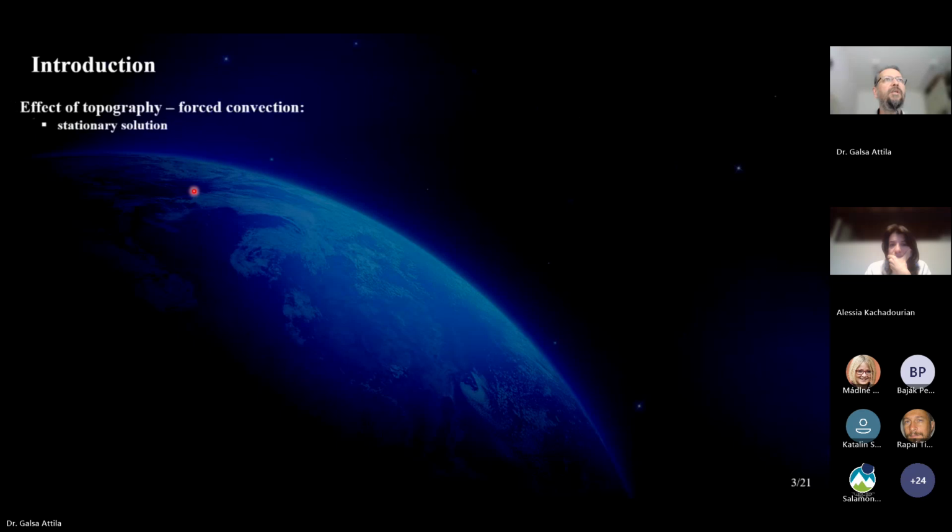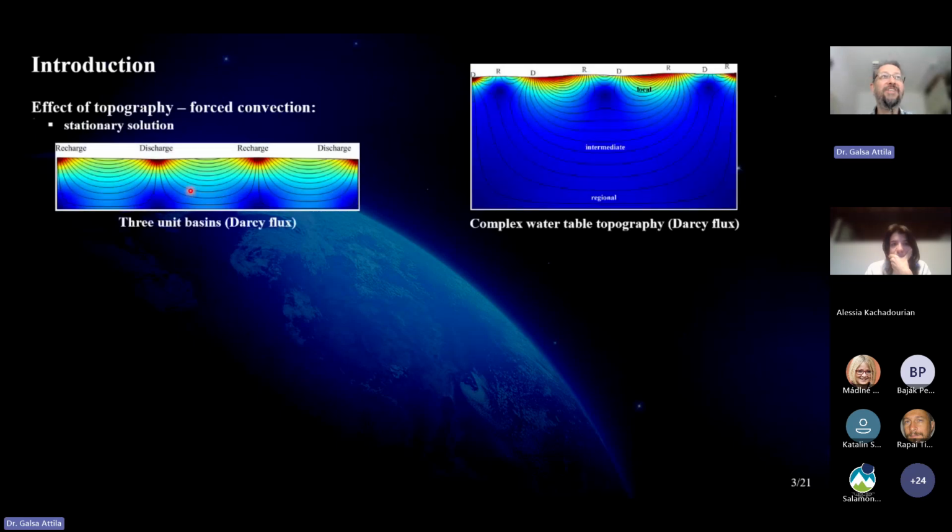So, the evergreen question has come up in numerous scientific discussions. What drives the groundwater flow? Which one is the most dominant force? Some have stated that the topography of the water table governs the groundwater flow, inducing fluid motion from the recharge zone towards the discharge zone.